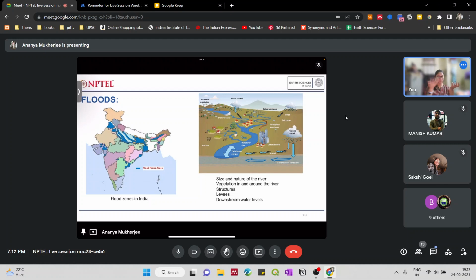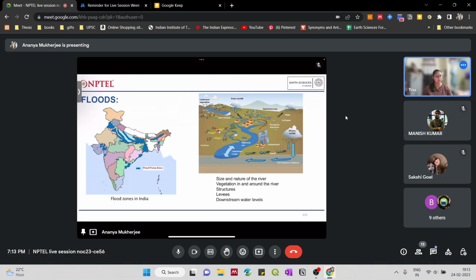The factors which affect the intensity of the floods are the size and nature of the river, the vegetation present in and around the river, structures, levees, and downstream water levels.